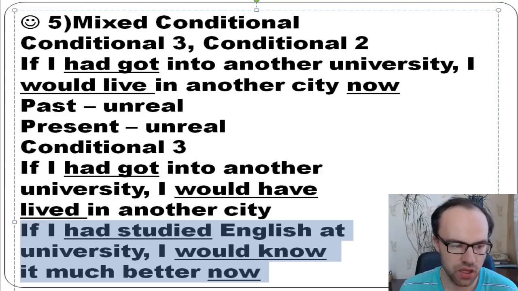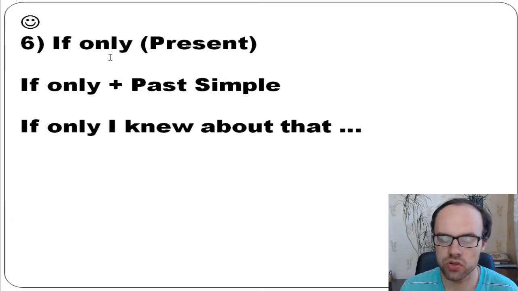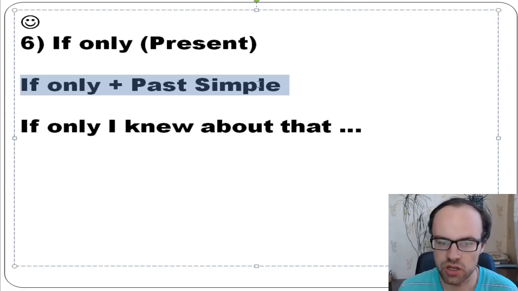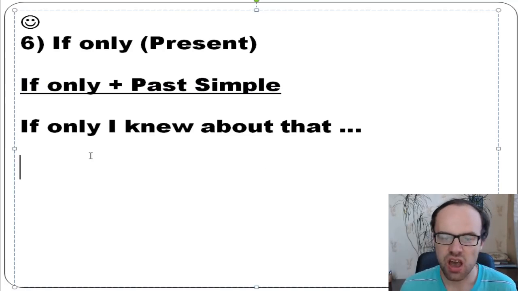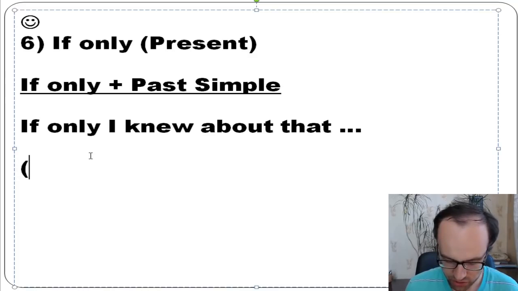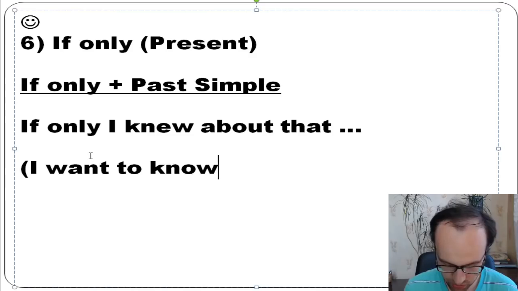Okay, good. Well, let's talk about if only, and this structure, if only plus past simple. If only I knew about that. It means that I want to know it very much. Okay, I want to know it very much.